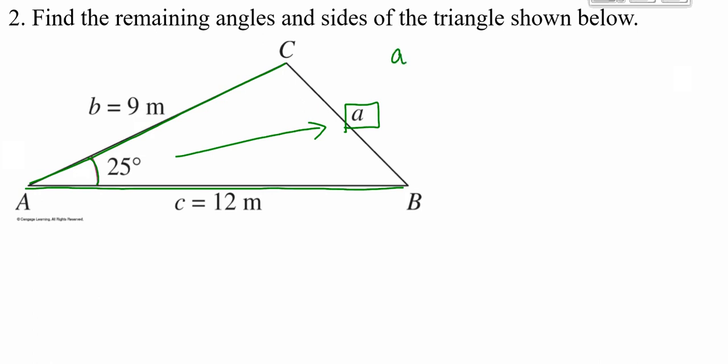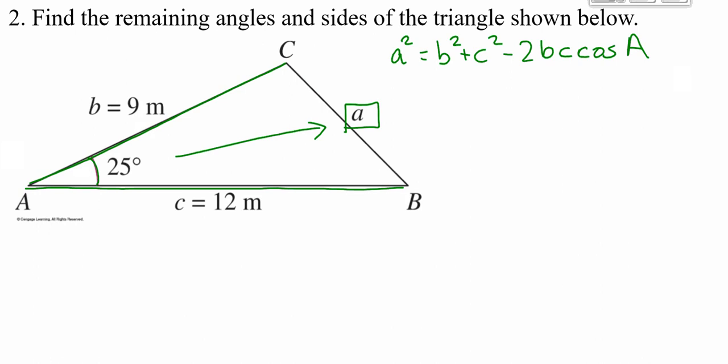So I'm going to use the version that says a squared equals b squared plus c squared minus 2bc cosine capital A. And again, just notice this is a squared, this is angle A, and those are across from each other.